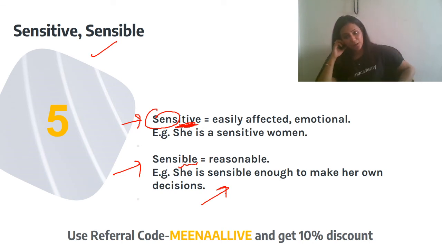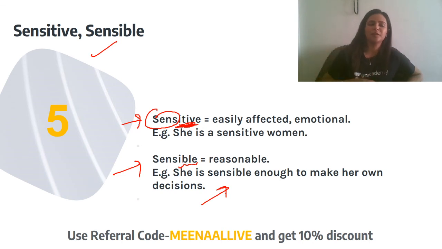I use this when my mom is yelling at my brother and I'm like, mom, he is literally 22, 23 now. I'm sure he can make his own decisions. He's sensible now. Let him be alone. So you use sensible for somebody who is justifiable, who is reasonable enough. ठीक है?